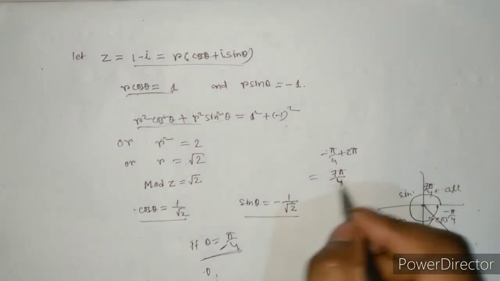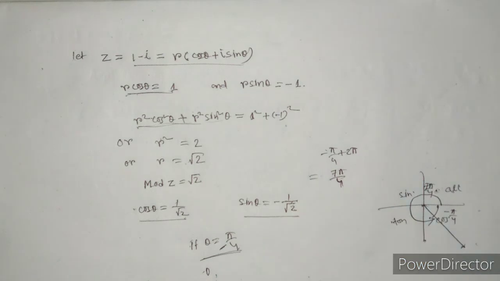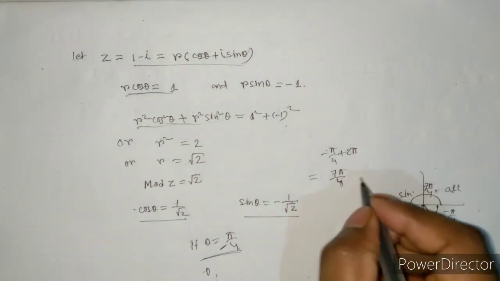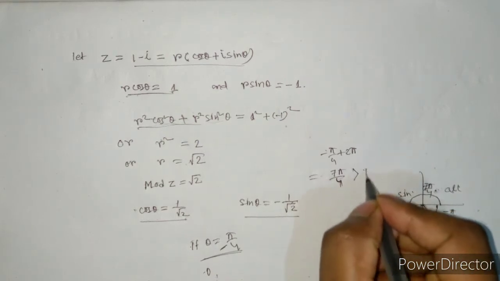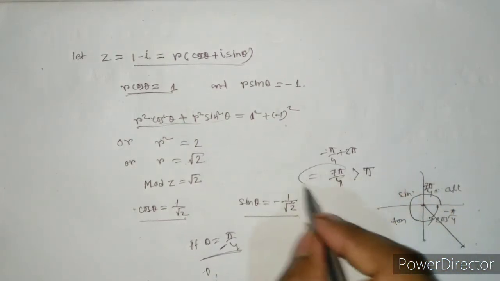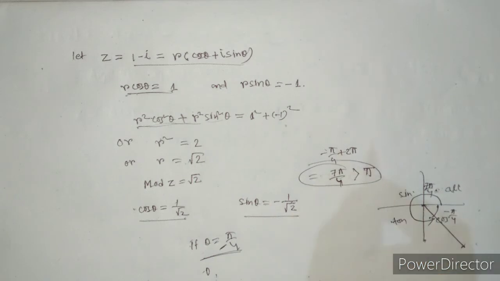So this angle is also an argument, but which one is the principal argument? We see that this angle is greater than pi, so this cannot be the principal argument. So the principal argument is theta equals minus pi by 4.